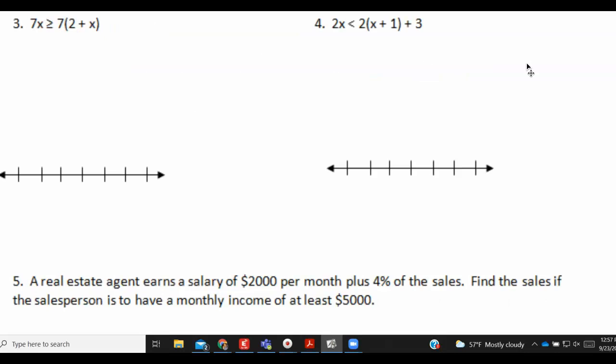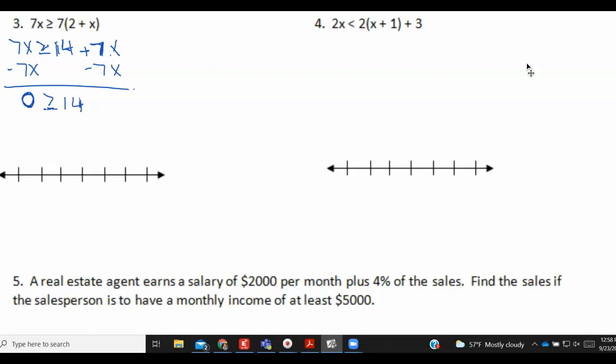Okay, number 3, we're going to distribute the 7 and then solve for x. In doing so, my x's disappear, and I get 0 is greater than or equal to 14.